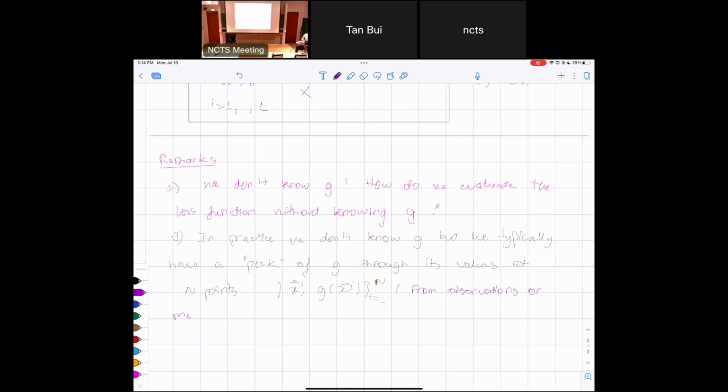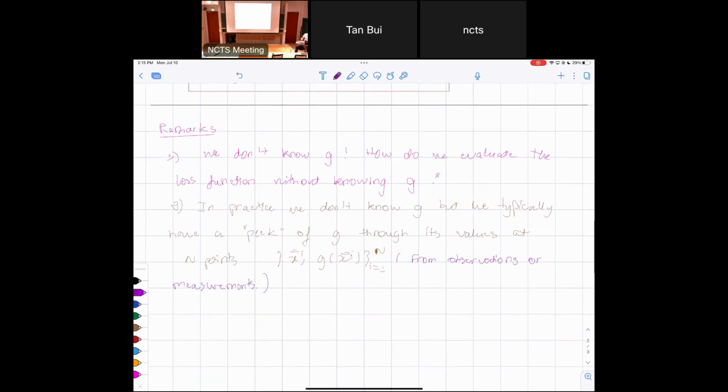Or measurements. Okay, so this is actually not too bad of a condition.